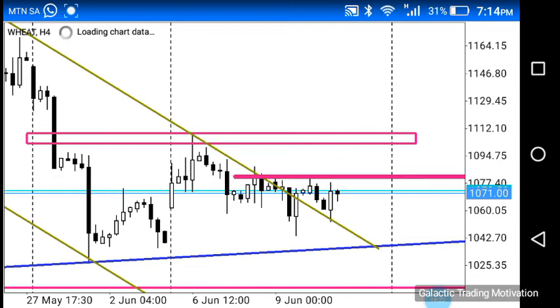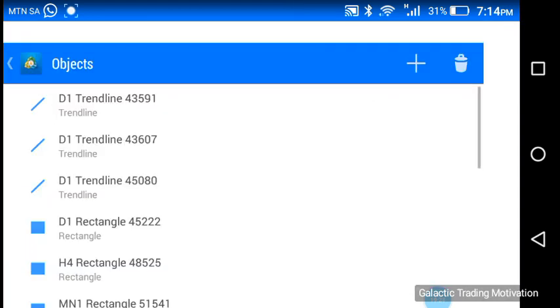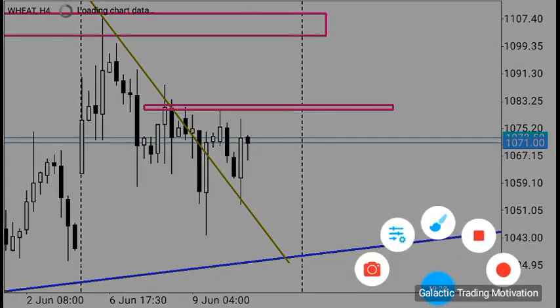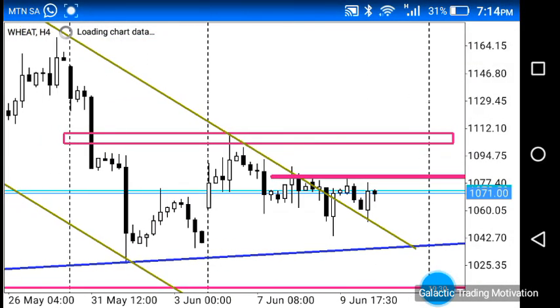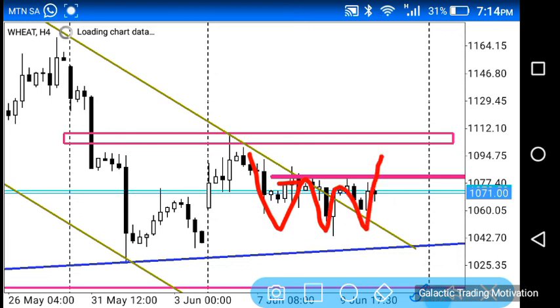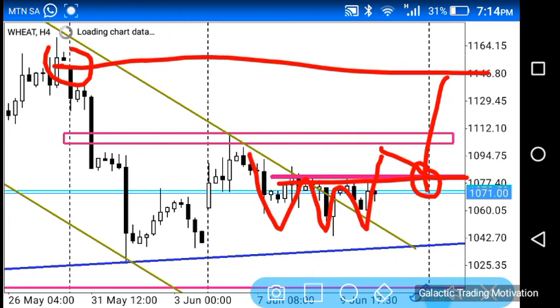Once price closes above the neckline of that structure, we would wait for price to come back to retest it, and this is where we would look for further buying opportunities, because as I said, guys, we also have a gap here which needs to be grabbed by the market. So this could be our first take profit.